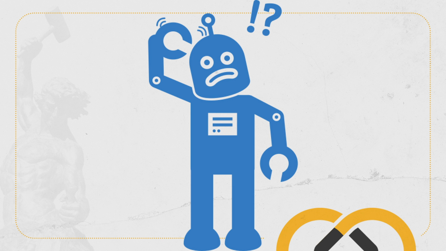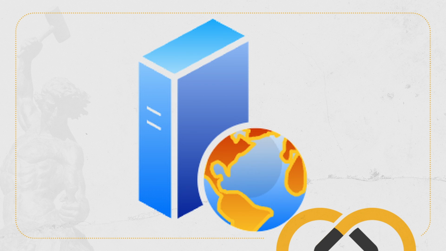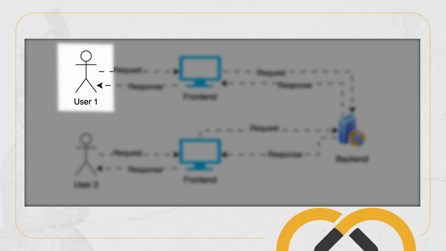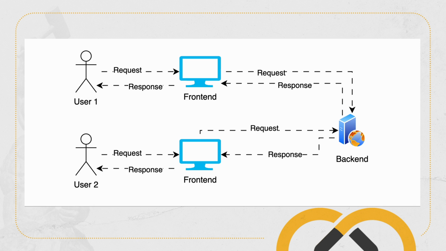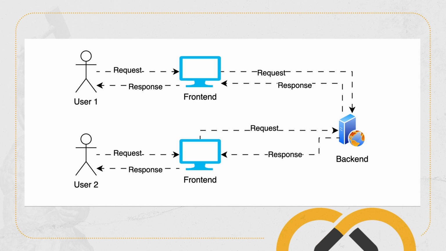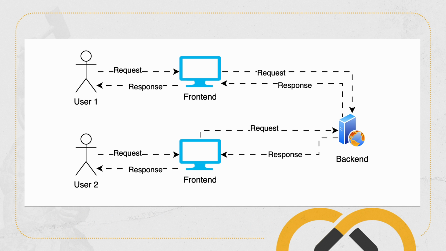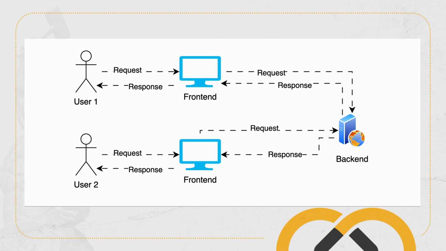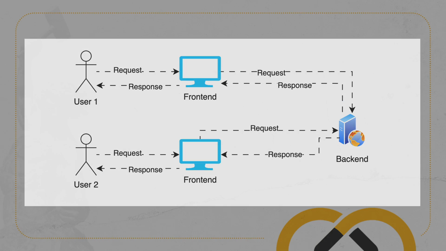But here's the thing, there's no way in our current design for the back end to know where the audio came from. So if user 1, user 2 and other users try to access the back end, there's no way for the back end to know where the audio came from, which is exactly the issue we're going to address in the current video. So let's get into it.